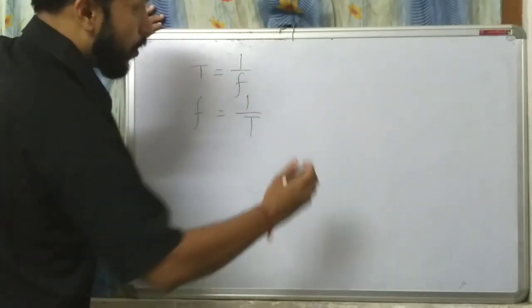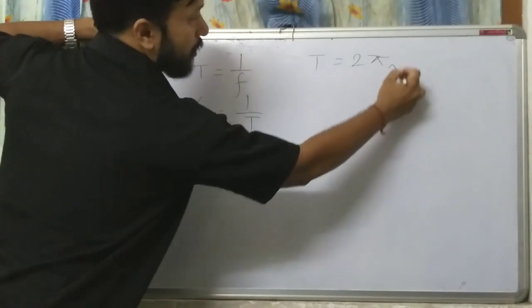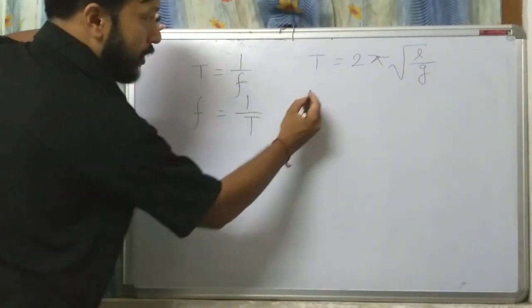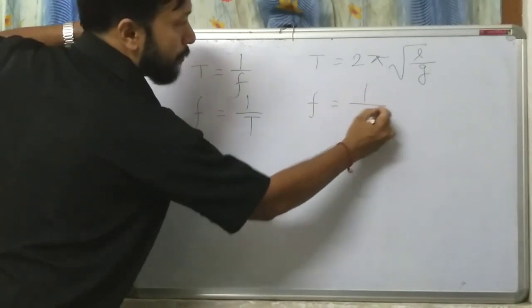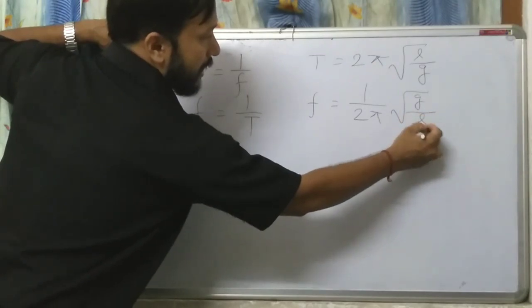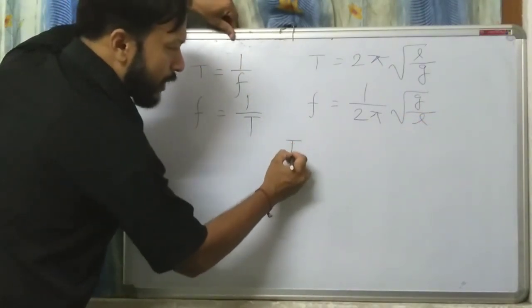One more formula we discussed, T equal to 2 pi root over L by G, or frequency equal to 1 by 2 pi root over G by L. Now, what is T?